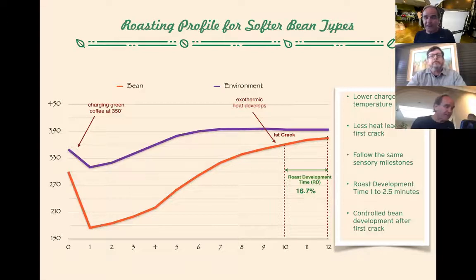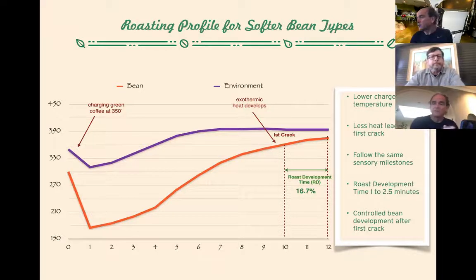For example, a Pacamara bean is a good example for a softer bean, or Maragogipe beans behave like softer beans. Beans typically grown in the Caribbean areas like Jamaica, Puerto Rico, Dominican, due to their conditions, both on elevation as well as in relative humidity, behave like softer beans as well.